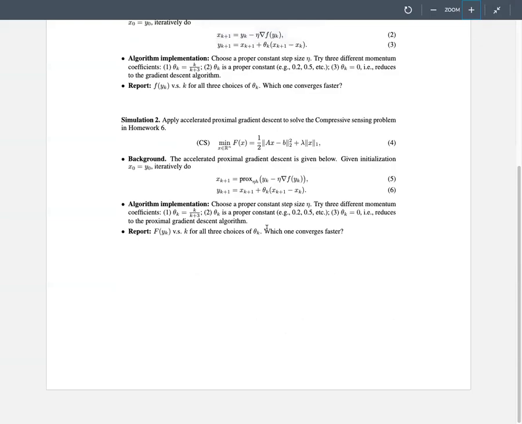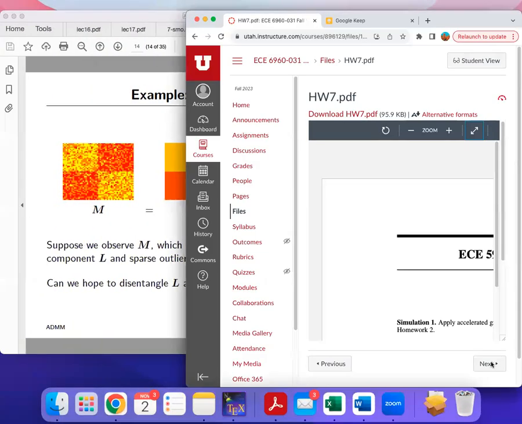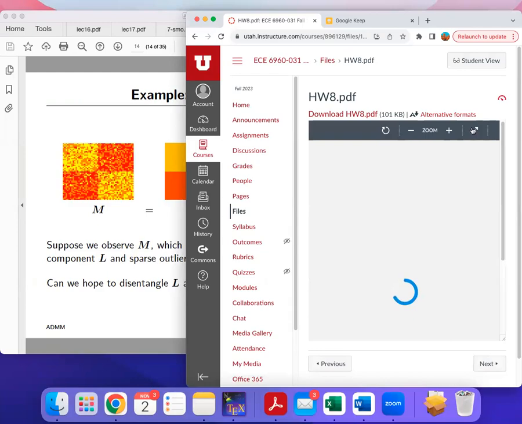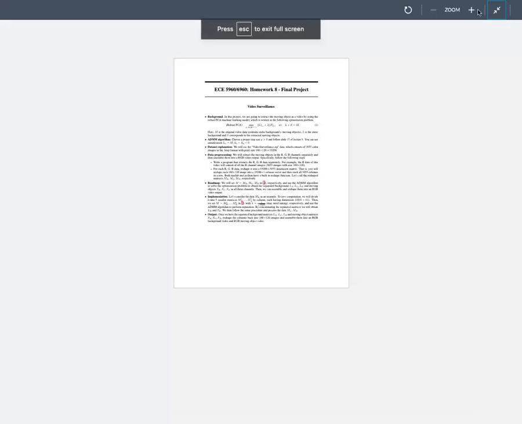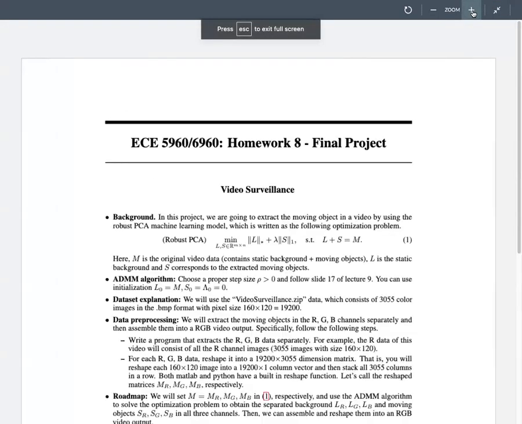Homework 7 is the accelerated method. Homework 8 is the final project. It's actually a big project. It's about video surveillance. I give you a video. The goal is to extract the moving object in the video. It's unsupervised learning. You are not given any other instructions, only the video.